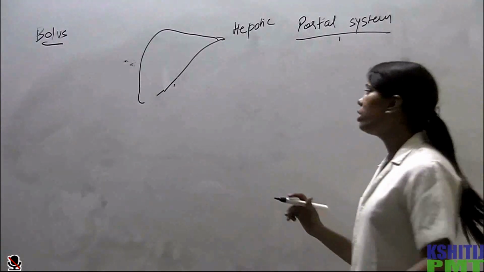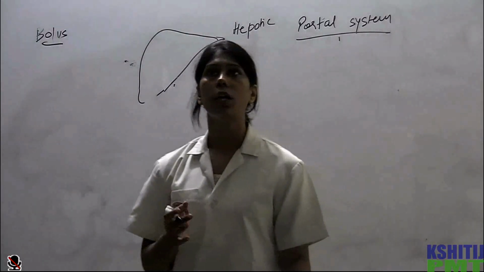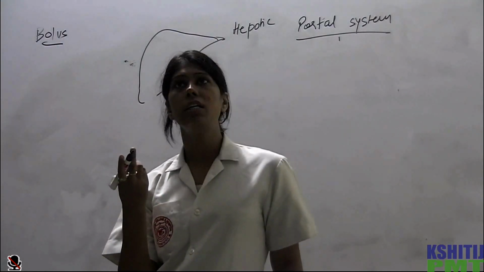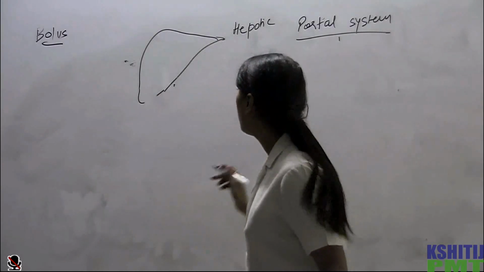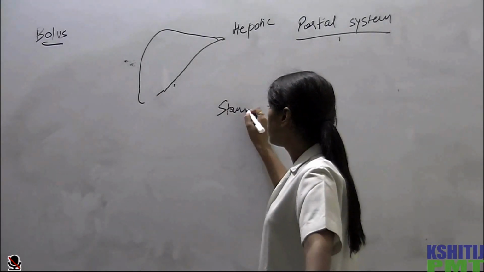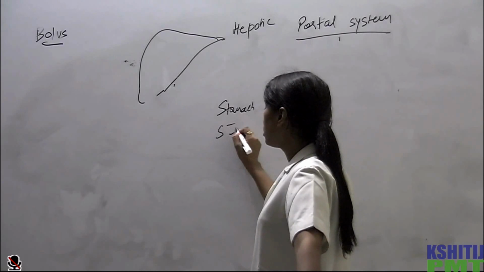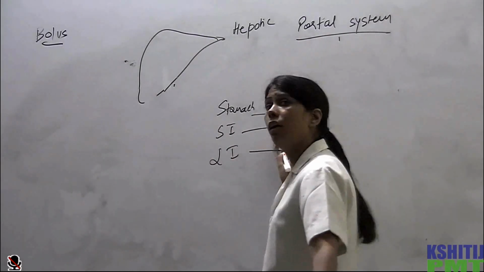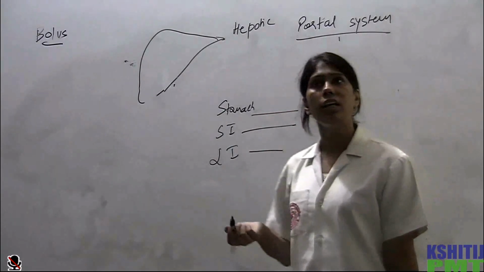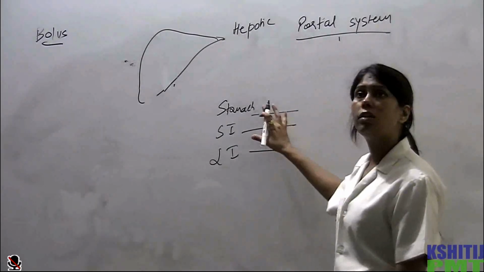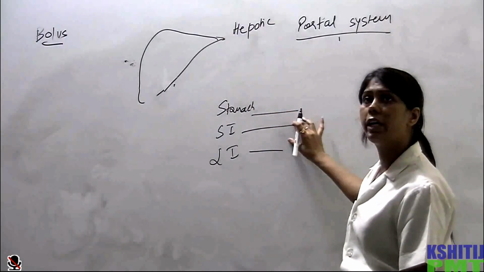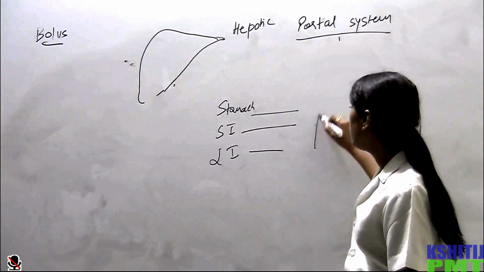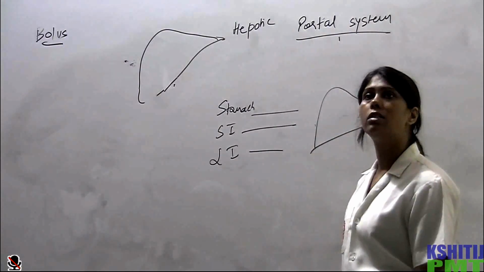In this case, all the blood from our stomach, small intestine and large intestine, instead of draining into the vena cava, all the deoxygenated blood from these three parts drains into the liver.